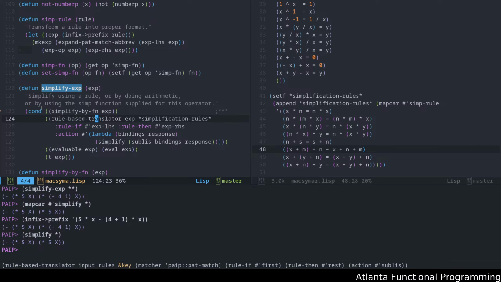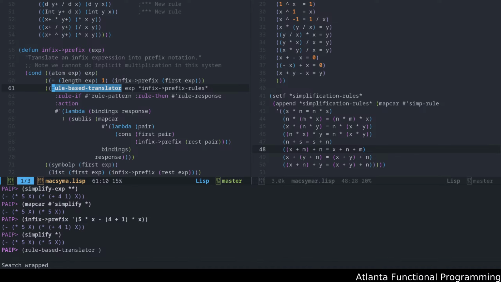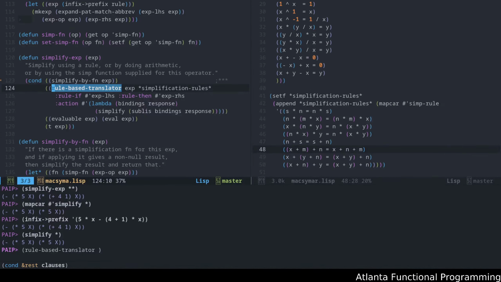So we need to look at the rule-based translator of this simplified expression. Translator. And we need to go to this. This is, if I remember correctly, what we've already defined in previous episodes, we've covered this.